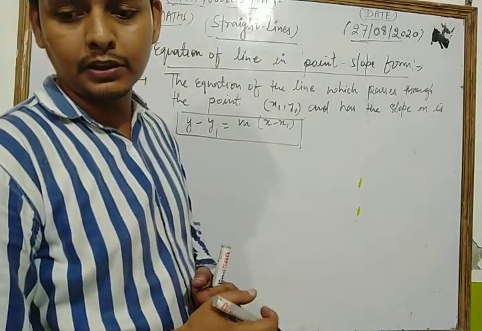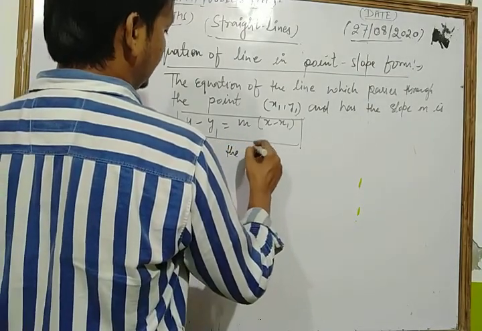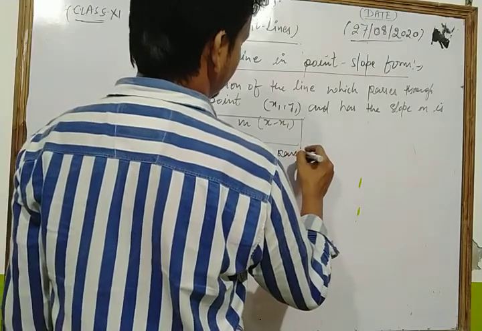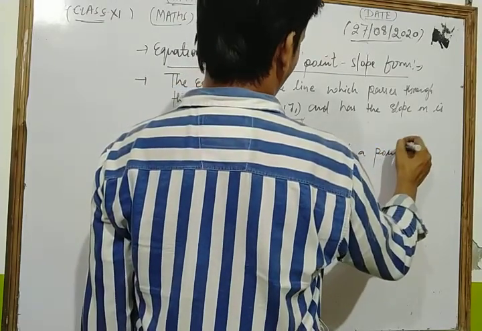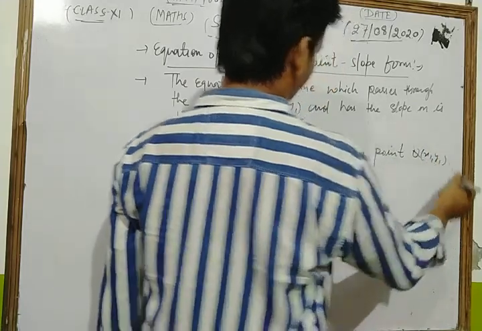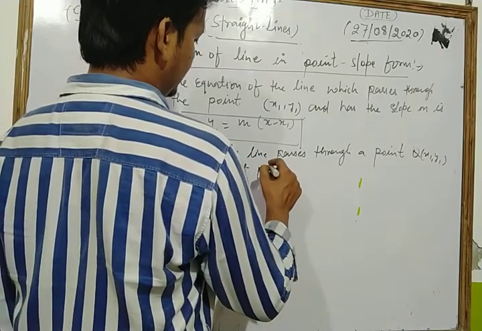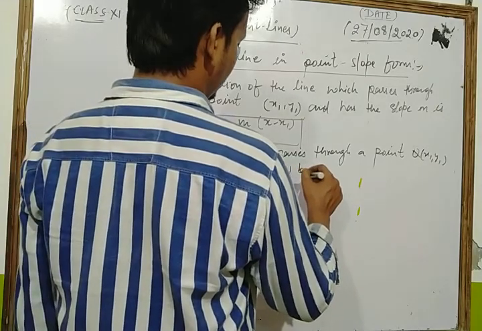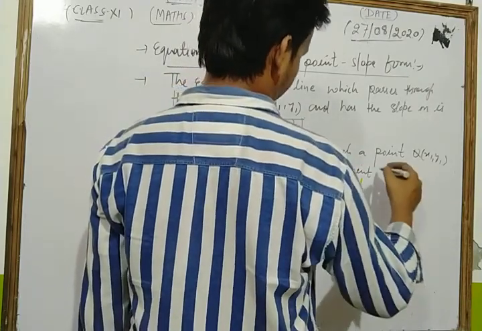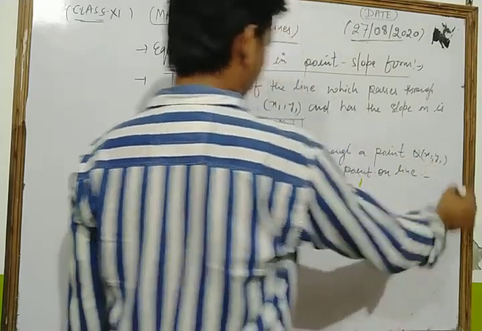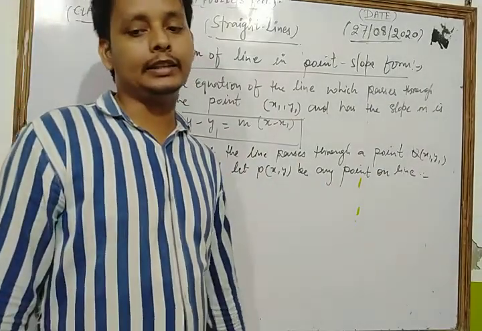First, dear student, let the line pass through a point Q (x1, y1) and let P (x, y) be any point on the line. Suppose the required line passes through a point Q (x1, y1) and let P be any point on the line.